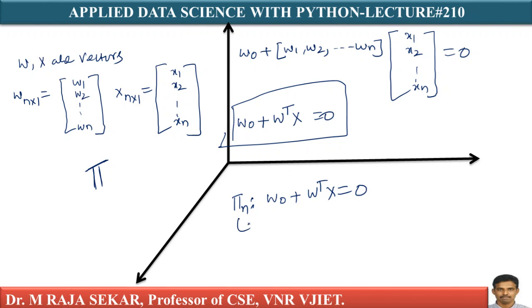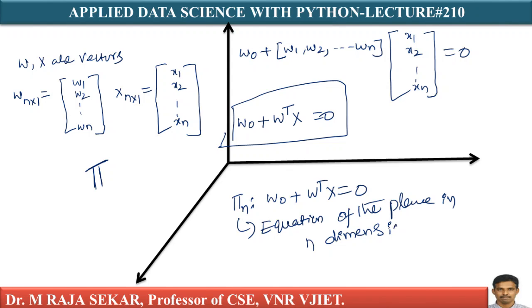I can say it is the equation of the plane in n-dimensional space. Just understand this notation. This form, w0 plus w transpose x equal to 0, is an important notation.